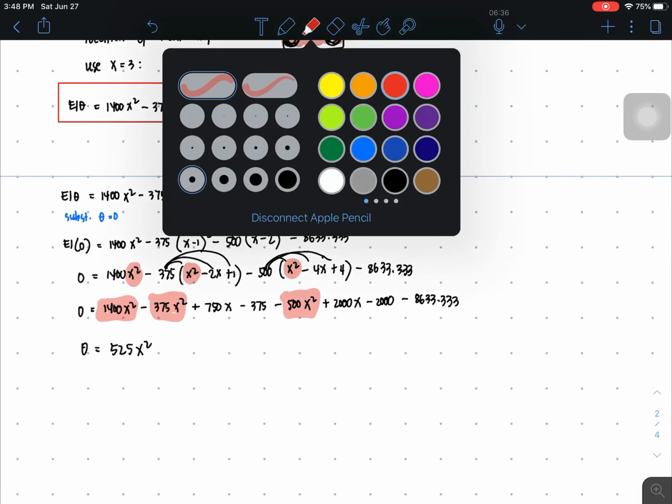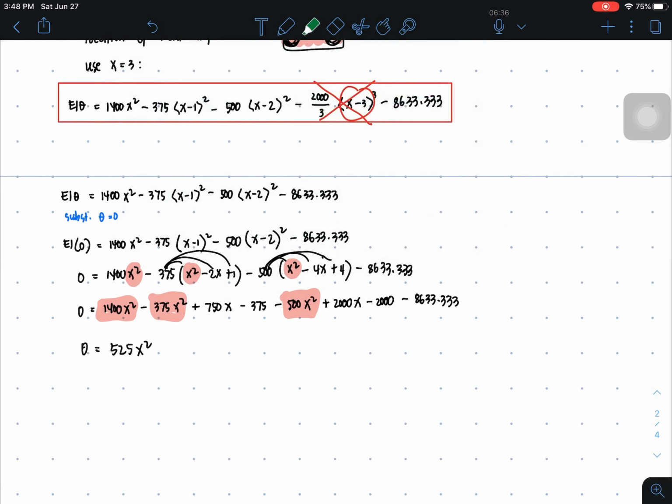Next, let's collect the like terms, the x coefficient. So that's 2,000 and 750, so that's plus 2,750 x.